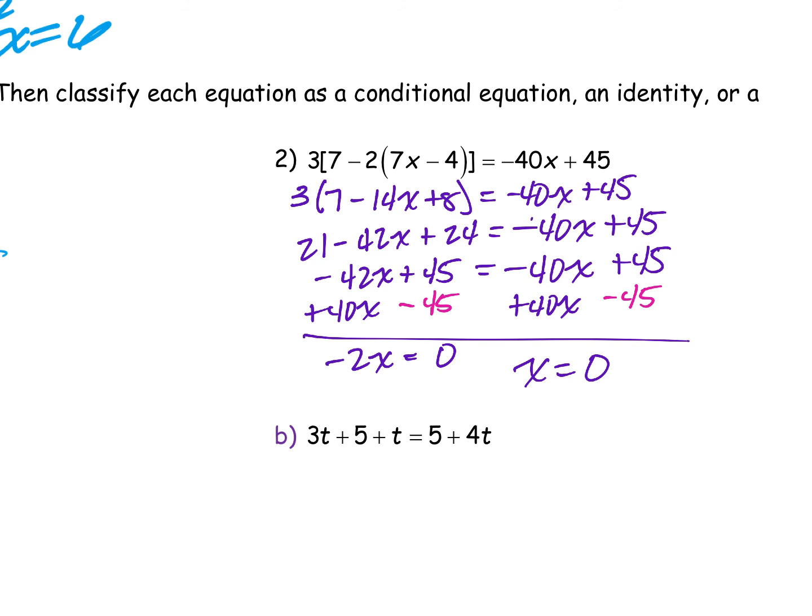So what type of solution is this? Conditional. Good. No, it is not an identity. An identity would be 0 equals 0 with no variable left. A conditional has x equaling something.